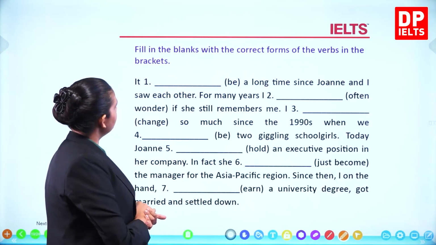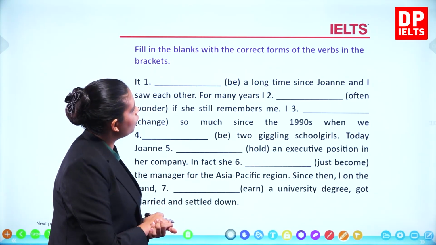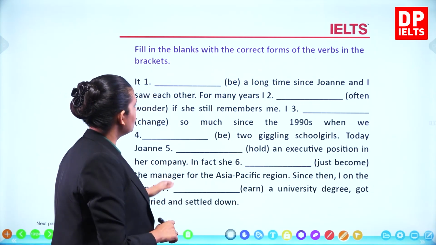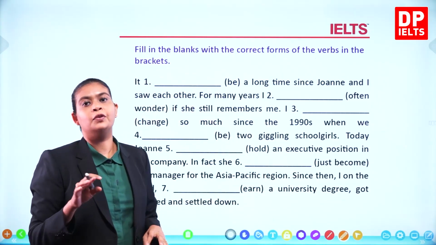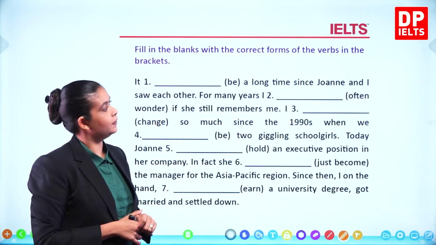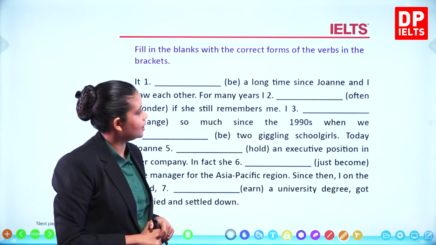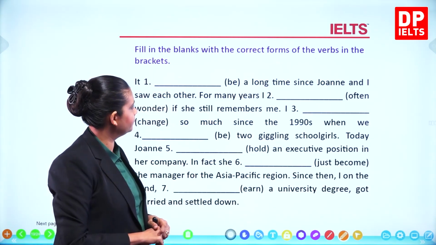Okay, so moving on, fill in the blanks with the correct forms of the verbs in the brackets, right? So inside the brackets, you have the verbs. You have to fill it with the appropriate verb form, right? It blank a long time since Joanne and I saw each other.